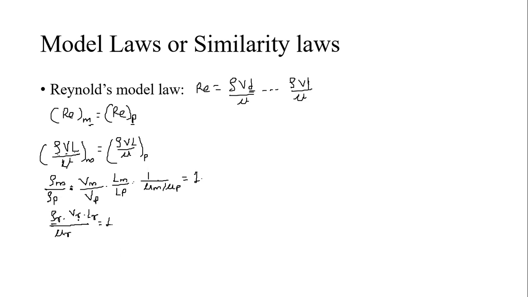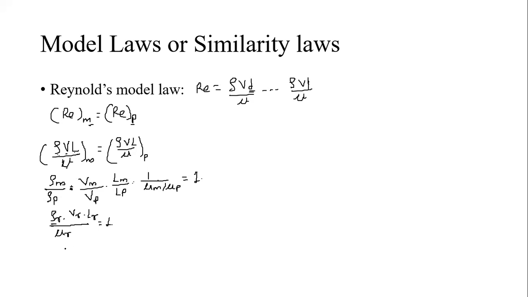For example, if you have prepared a model of a river which is used for passing water, most of the times we have rivers for the passing of the fluid as a liquid, as water only. So if you are considering water, then the density of the water in the river and the density of the water in the model of the river will be the same. So density ratio becomes 1, directly.